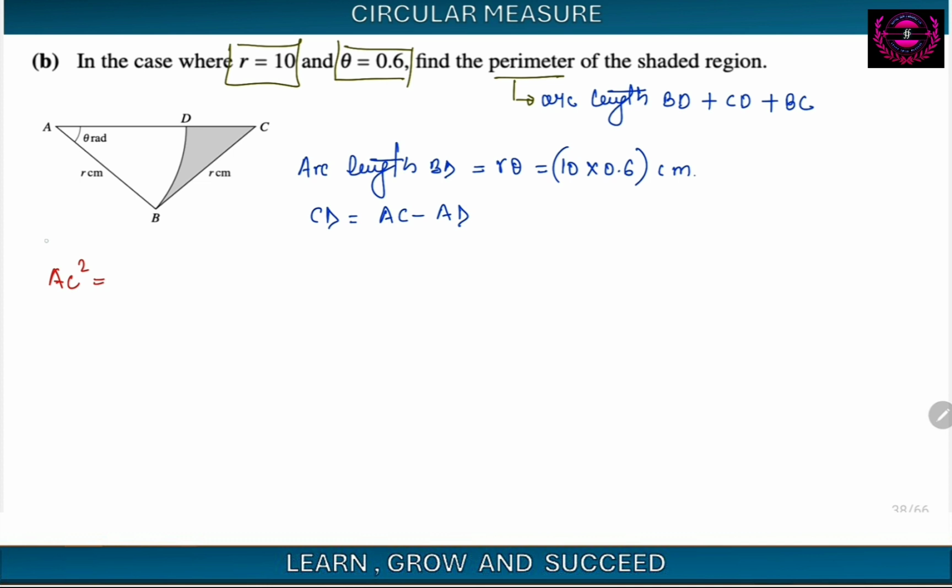So using cosine rule, AC square equals to R square plus R square minus 2R into R cos pi minus 2 theta.